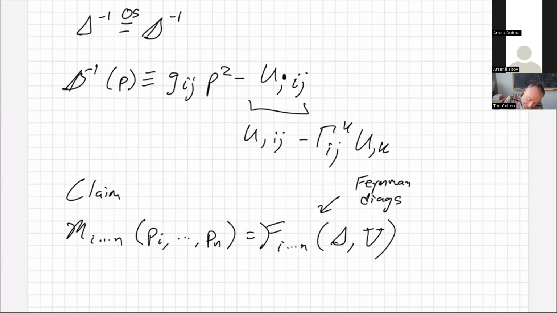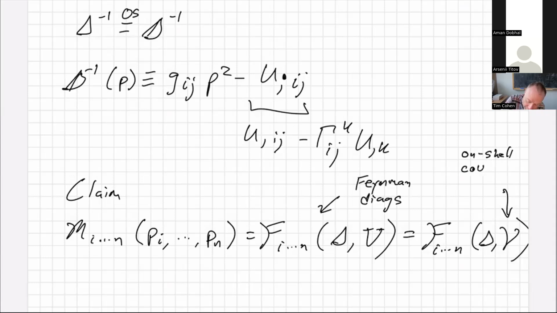So we claim that this is equal to the same function of the deltas and now something I'll call curly v, where these curly v are a new object. These are on-shell covariant vertices.